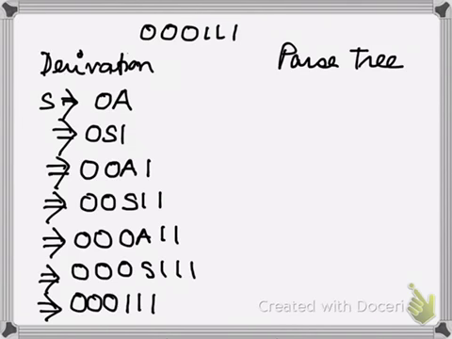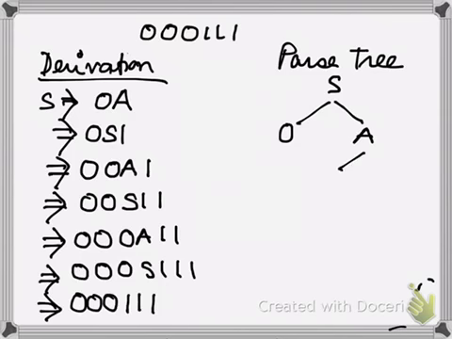So this is a derivation. I have used the leftmost derivation here. And for the same thing, I can also have a parse tree. So S goes to 0A. Then A will be replaced by S1. Then S would be replaced by 0A.